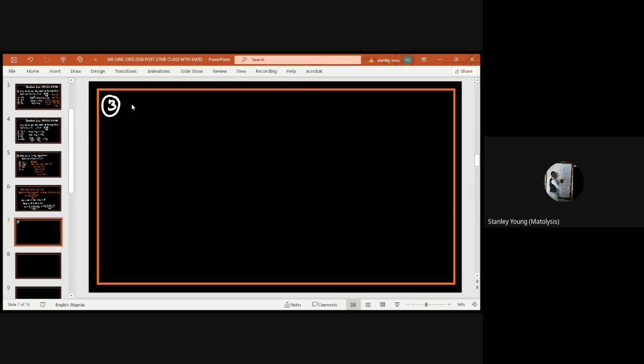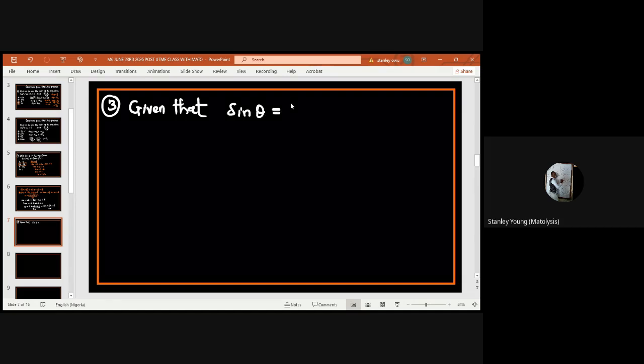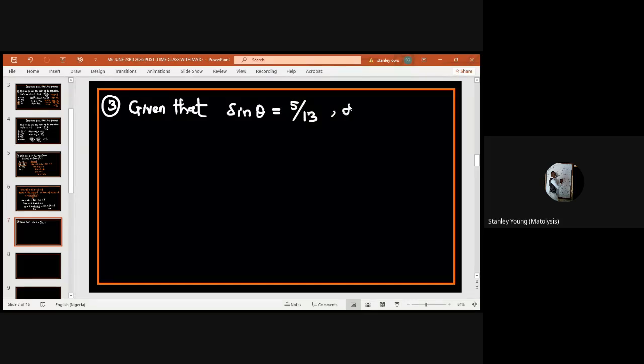This says, given that sine theta equals 5 over 13, determine the value of tan theta.